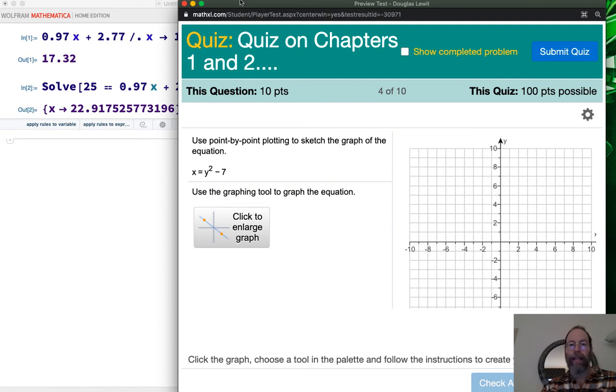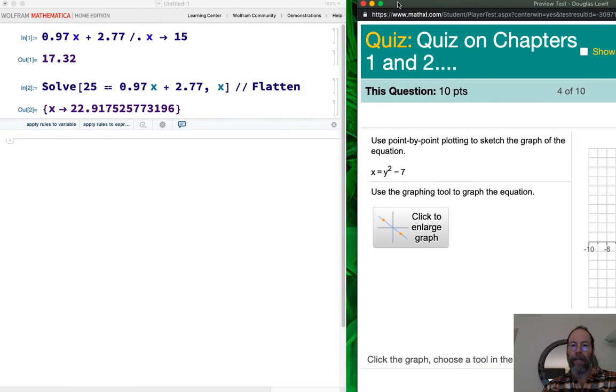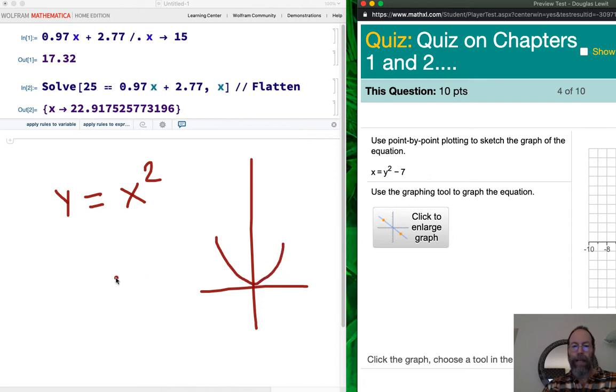So what do I mean by the axis of symmetry? This is what I'm talking about. If you have y is equal to x squared, you're going to have a graph that looks like this, right?